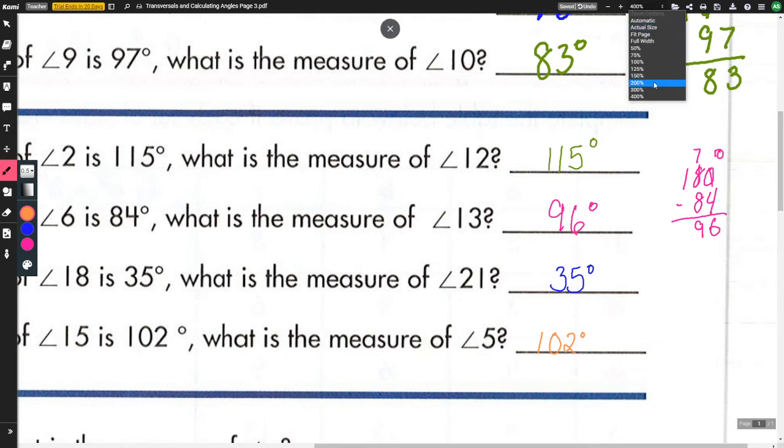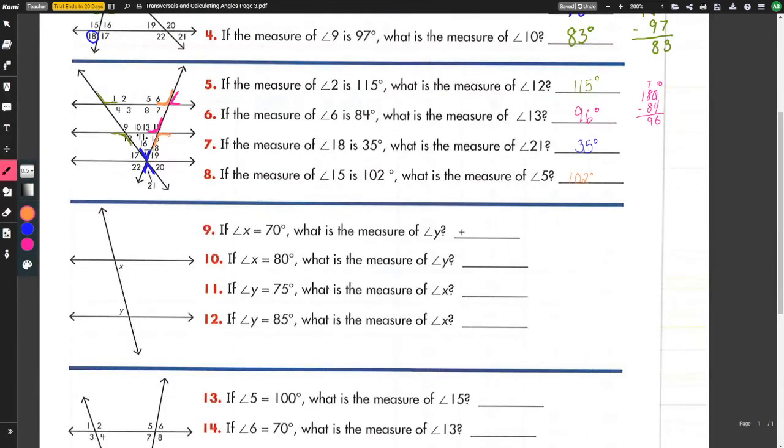Let's zoom out. For number 9, 10, 11, 12, these two are considered alternate interior angles, as they are both inside the parallel lines and on opposite sides of the transversal.